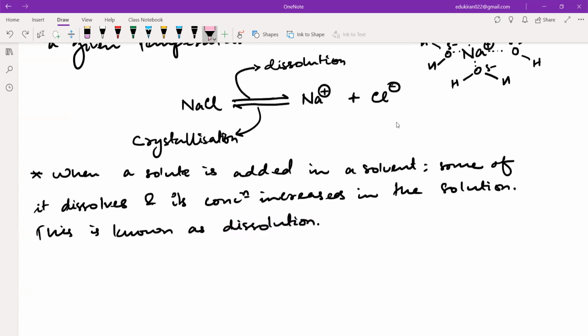Now the next term, crystallization. So when does crystallization happen? Crystallization will happen only if the solute particles collide with each other, right?